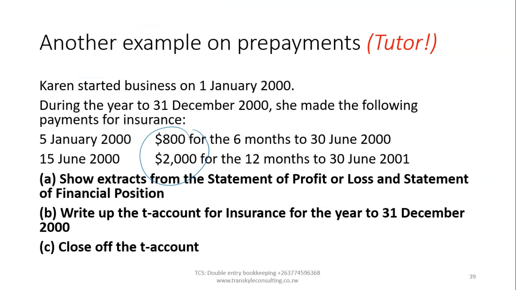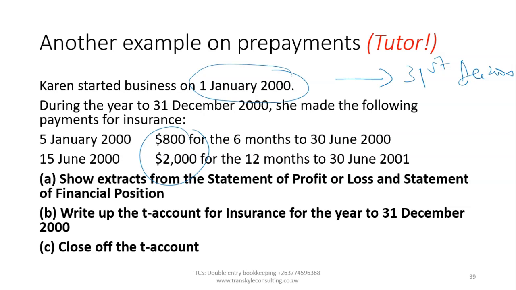We started our business on 1 January 2000, so our year end should be 31st December 2000. But midway, our first payment was 800 for the 6 months to 30 June. Then we were left with 6 months, but we paid for 12 months to come.